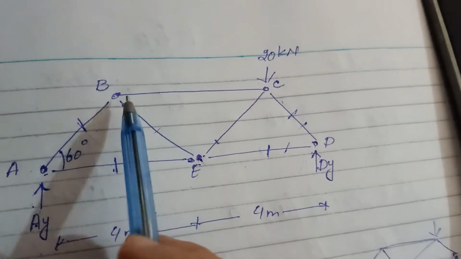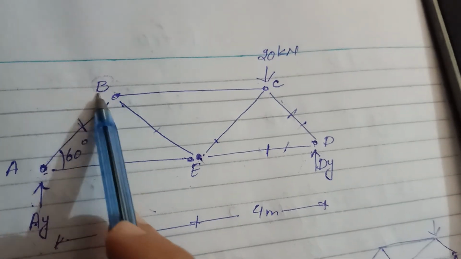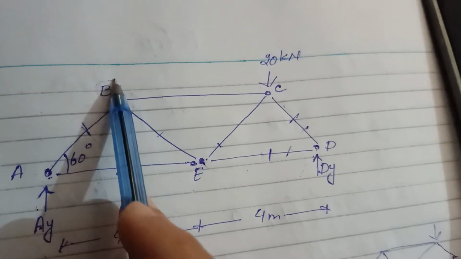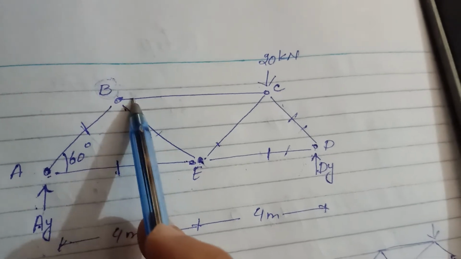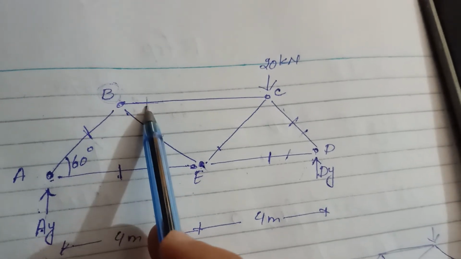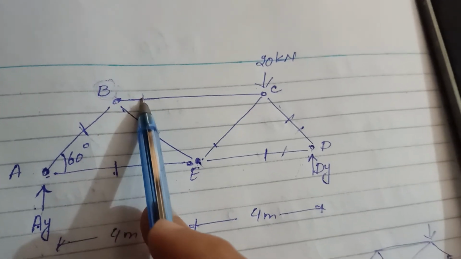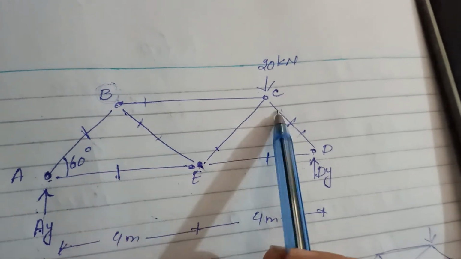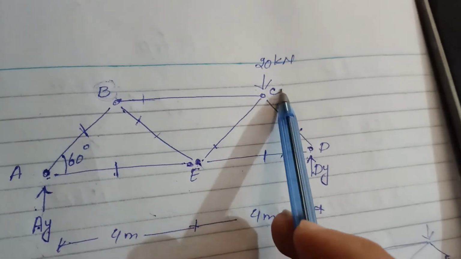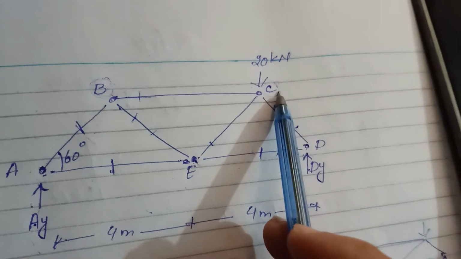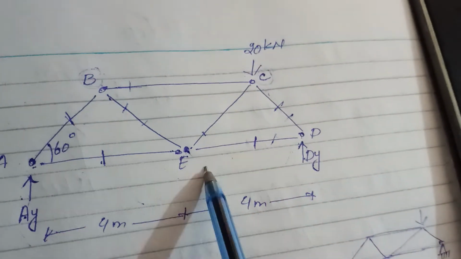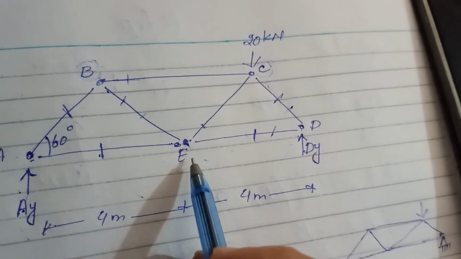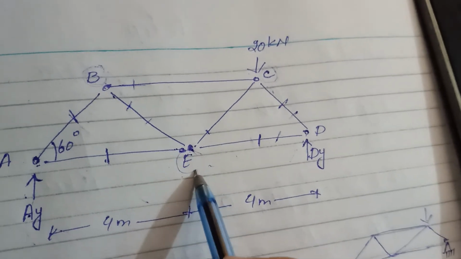You can also use joint B. Through joint B you can see that there are only two unknown member forces, BC or CE. The same way you can use joint B, C. Now this is up to you. So I start from joint E.